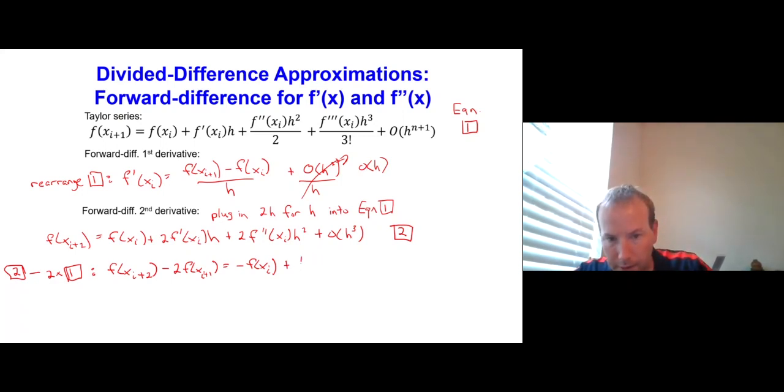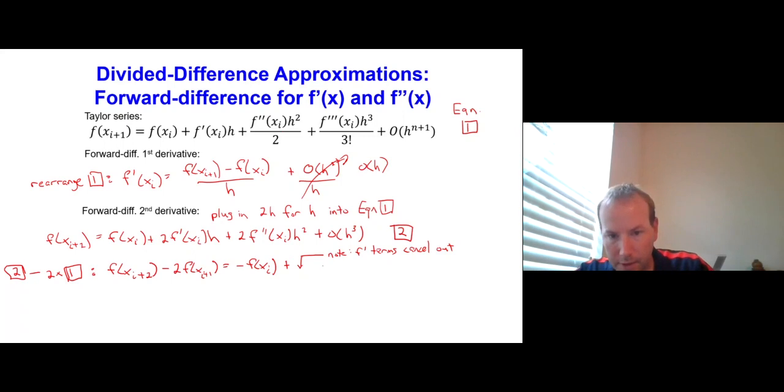and then note here that the f prime terms are going to cancel out. And that's because we had 2 times f prime minus 2 times f prime. And so these just cancel out.